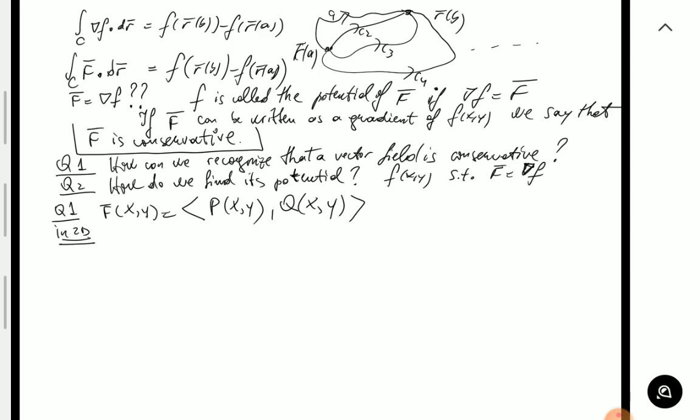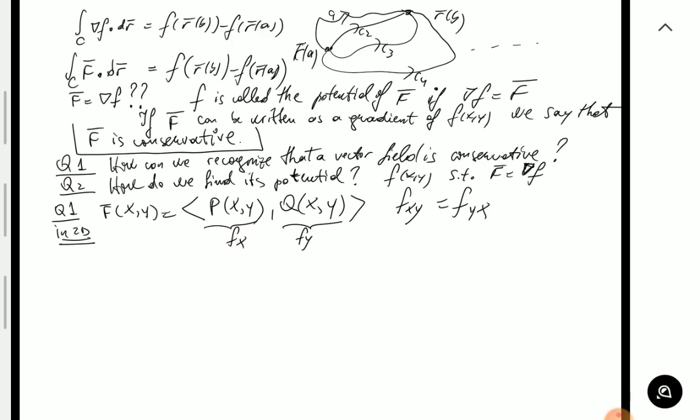Notice that a vector field will have a potential, like I said, if it can be written in the form of a gradient. In other words, big P of x, y should be the partial x of some function, and Q should be the partial y of that function. Now remember, we know something about mixed derivatives, namely that, assuming the derivatives exist and are continuous, partial y of partial x is equal to partial x of partial y.